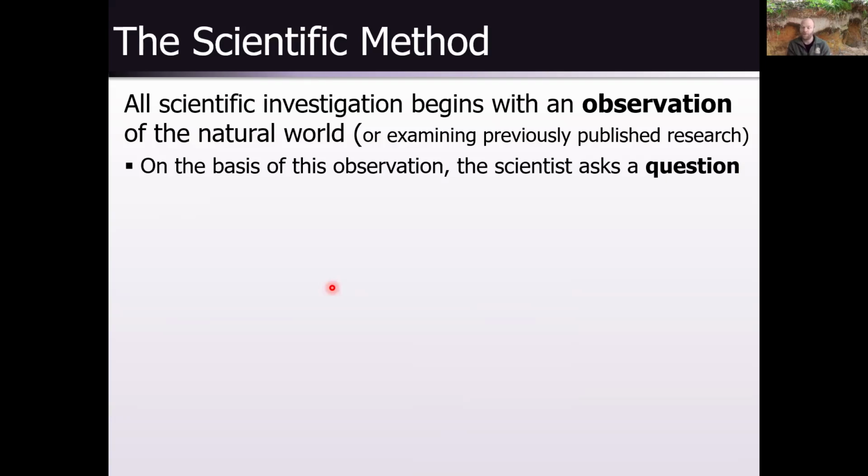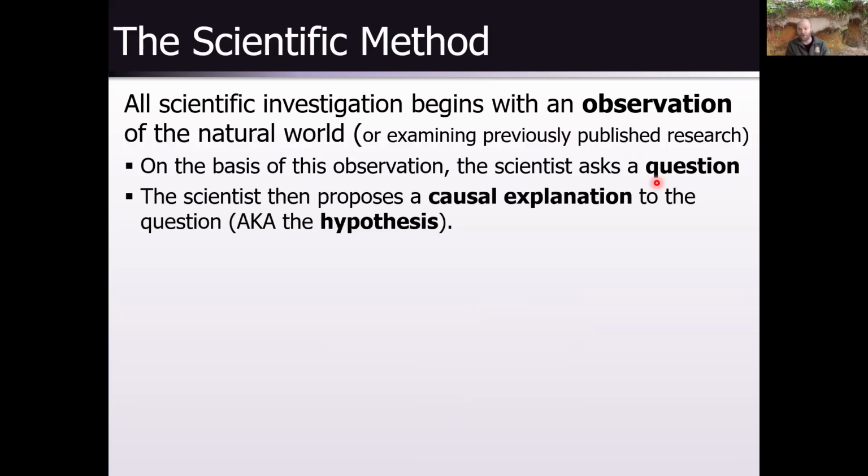So how does this work? Within what is known as the scientific method, a scientific investigation begins with observation. Literally look outside, look around you, observe the natural and physical phenomena around you. Then based upon those observations, you pose a question. So the first step is observation and then question.